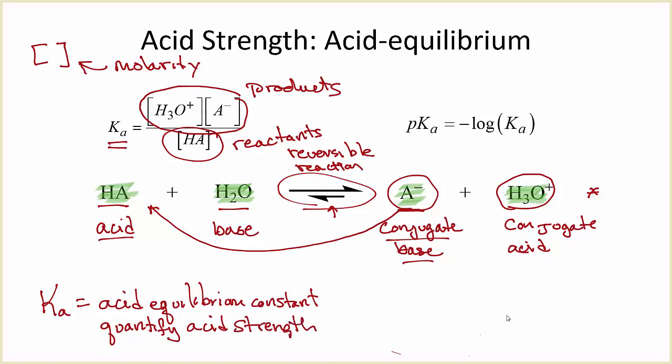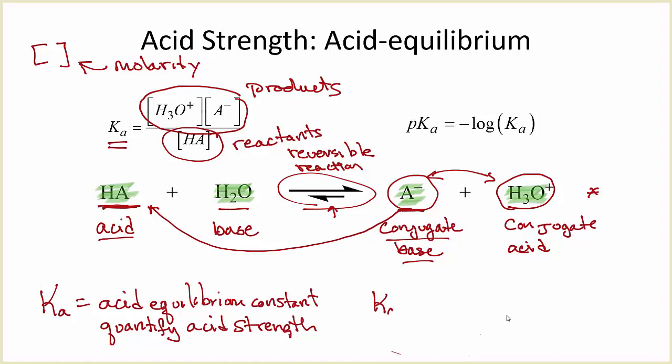Now, how does that work? Well, let's say HA is a really strong acid, which means it's going to give a lot of hydrogen up, right? A lot of the molecules will give hydrogens up to the water, which means the concentration of A minus and H3O plus will be large. On the other hand, because the HA is donating hydrogens, its concentration will go down. Now think about what Ka is.